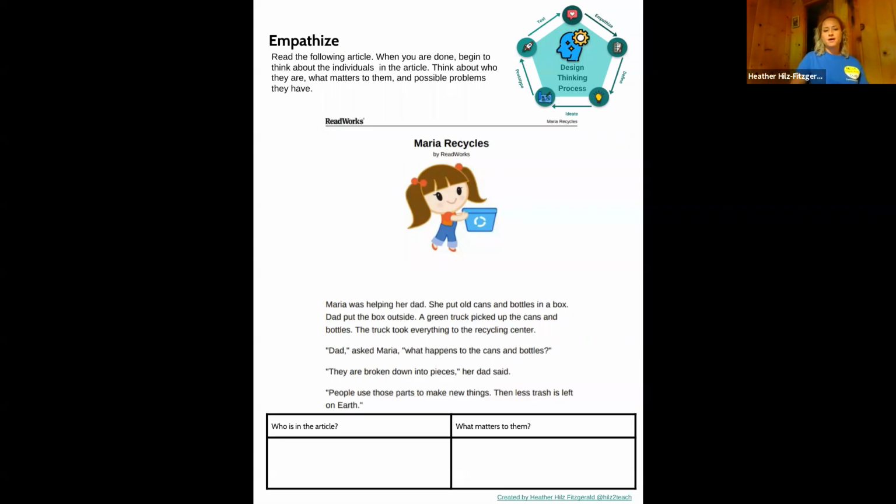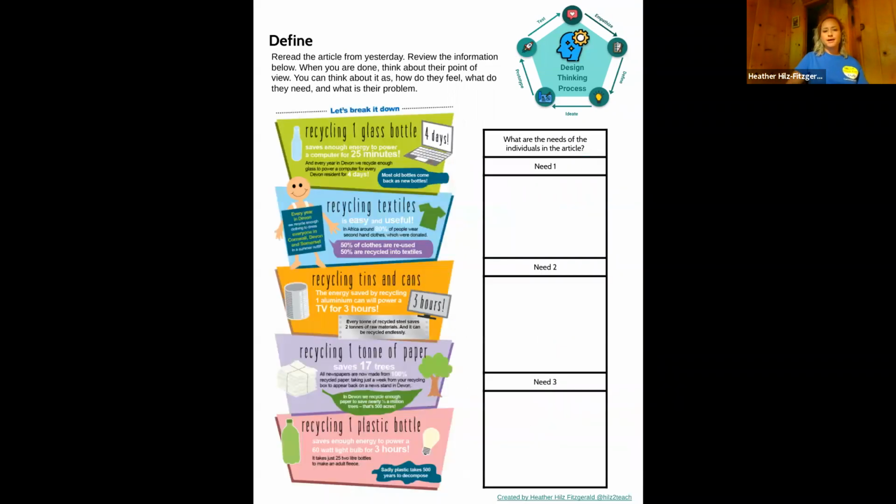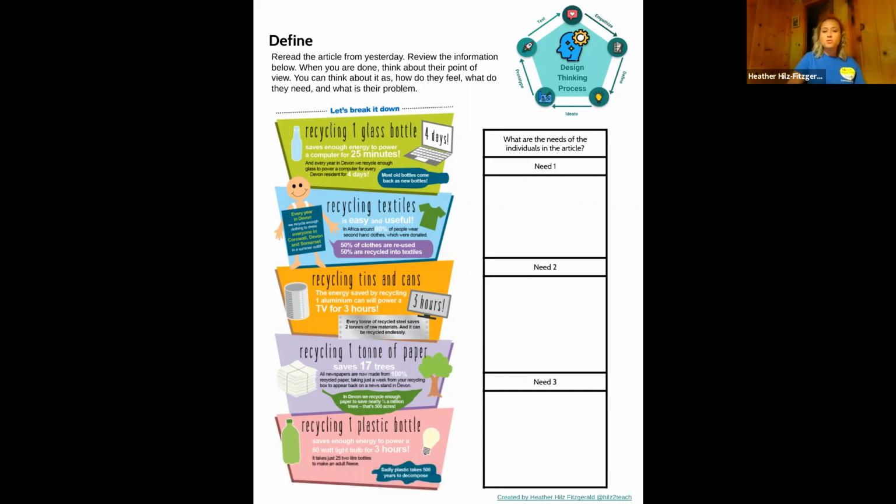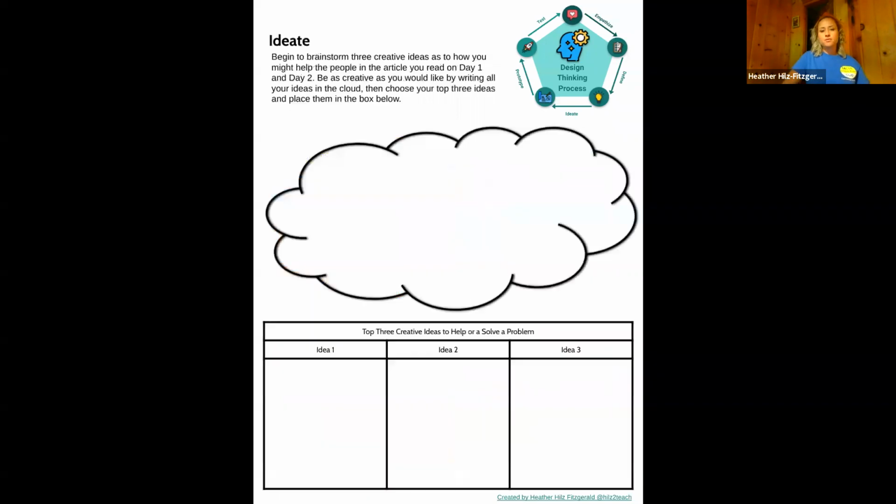So we have a short little article, and then it goes into the defining component. And a lot of times I would make sure that I would add in, again, that visual to spark a little bit more detail as to what the importance of our problem or scenario was.